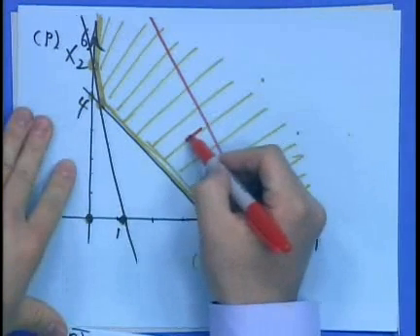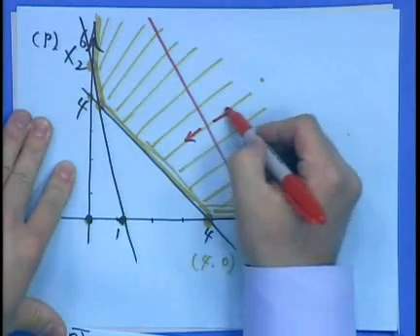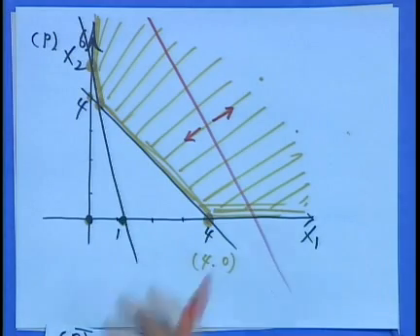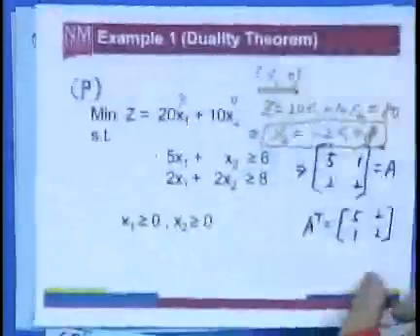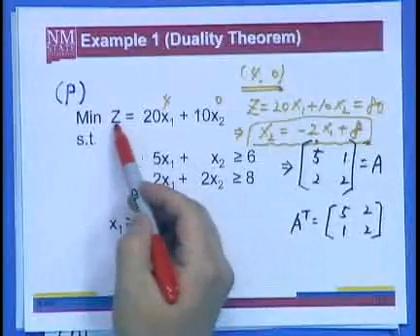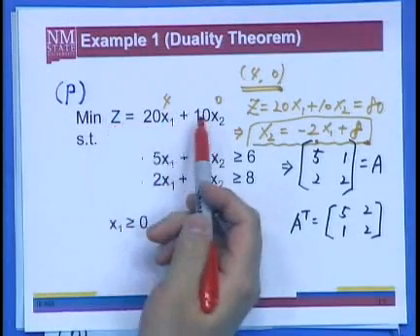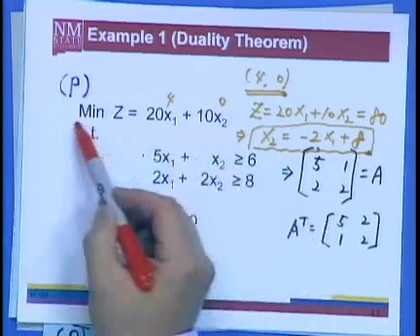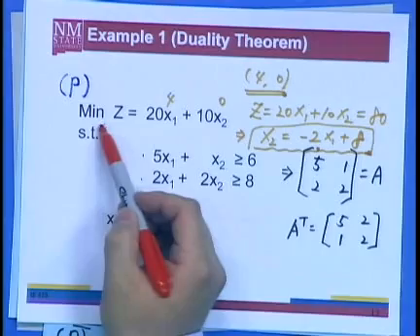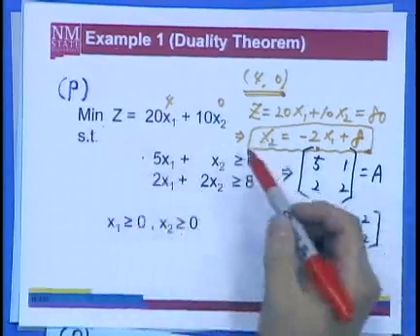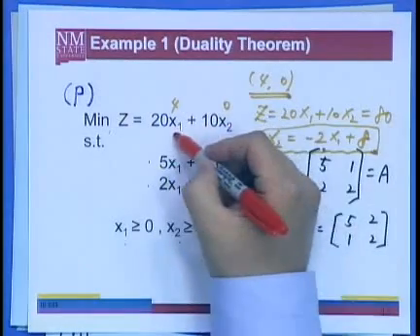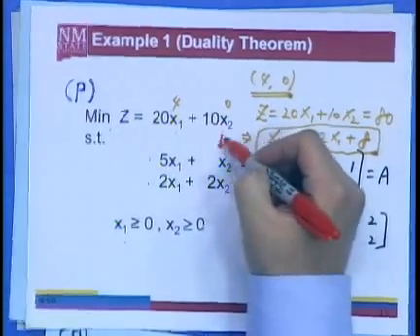And we need to move the isovalue line either this direction or this direction, right? And actually in this problem, the objective function value z will be improved, which means the objective function value will be decreased because we are dealing with a minimization problem, if we move in a direction for which both x1 and x2 decrease, is that right?